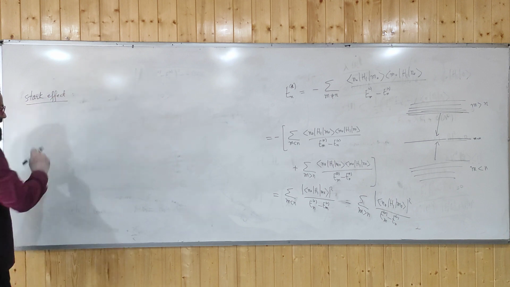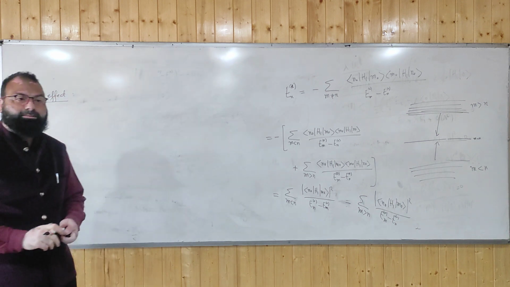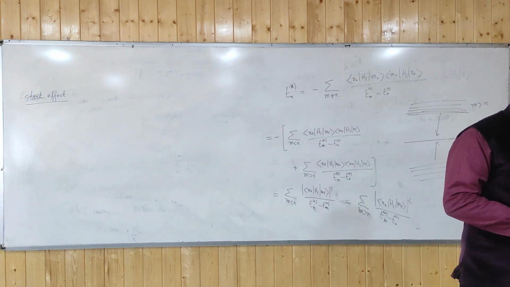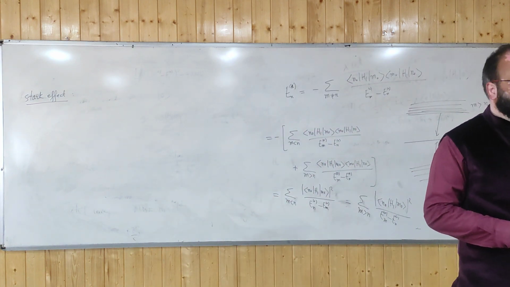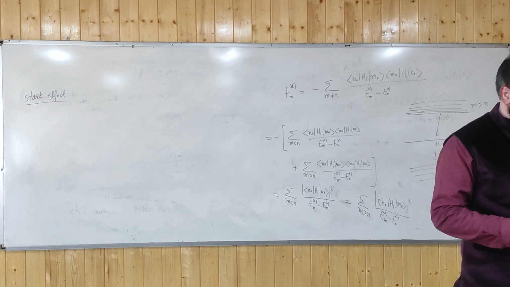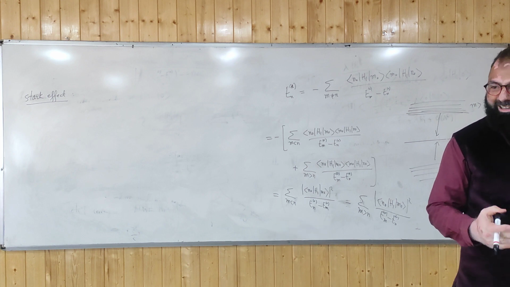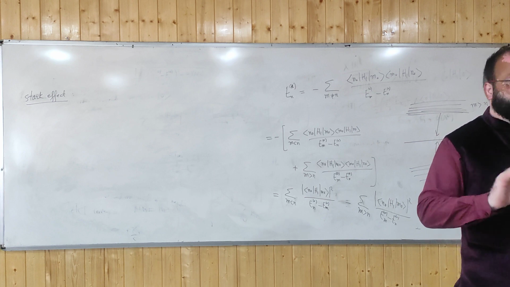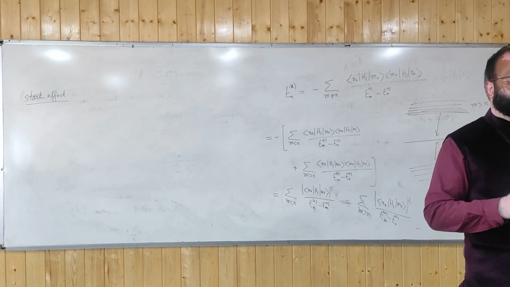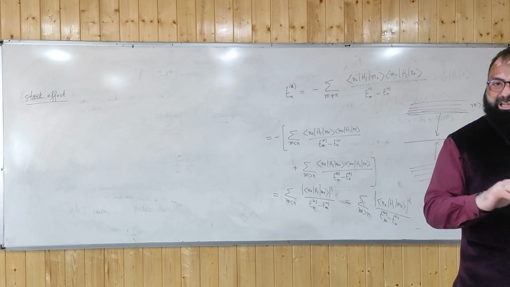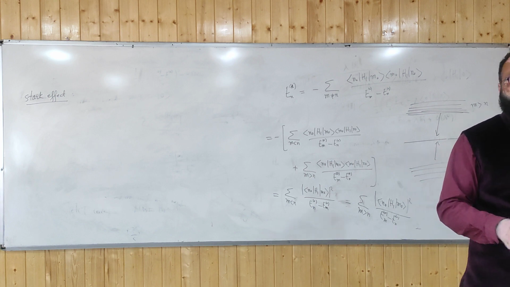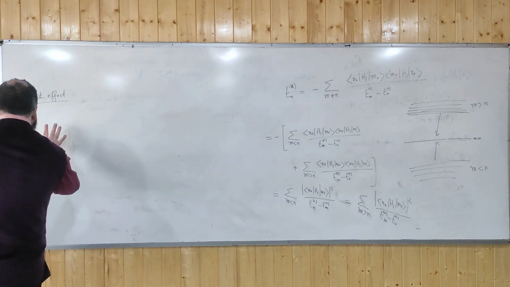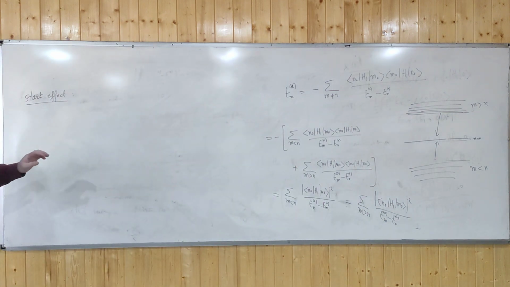So what is the Stark effect? It is simply the splitting of energy levels in the presence of an electric field. Any kind of electric field, whether static or time varying, if there is splitting of the energy levels, we call it the Stark effect. We will consider the Stark effect on the ground state of the hydrogen atom.